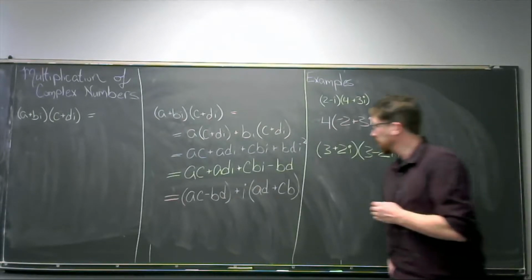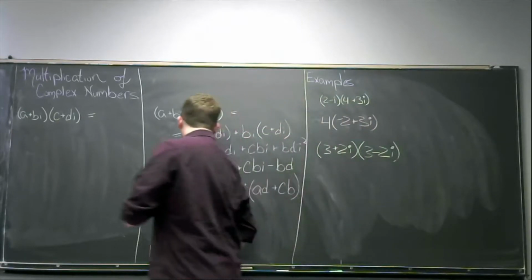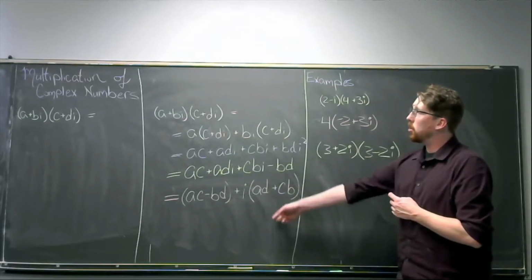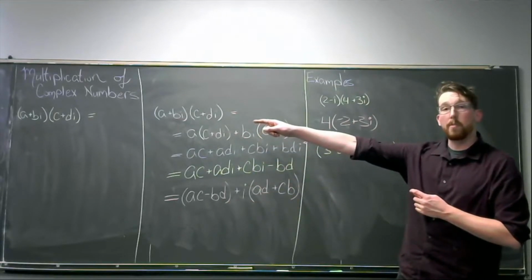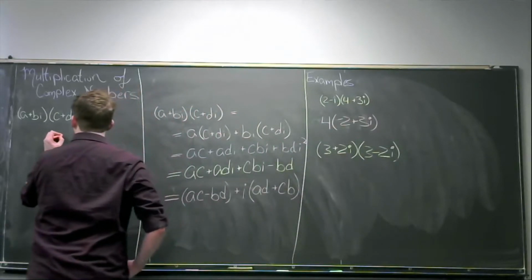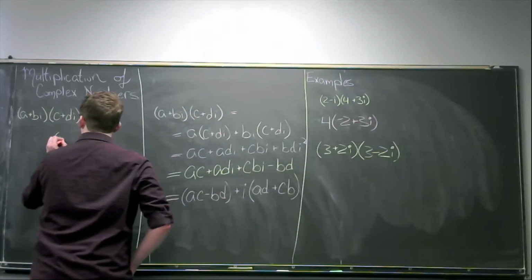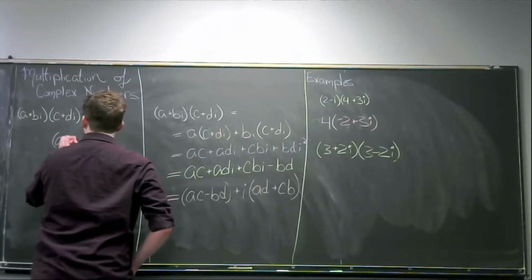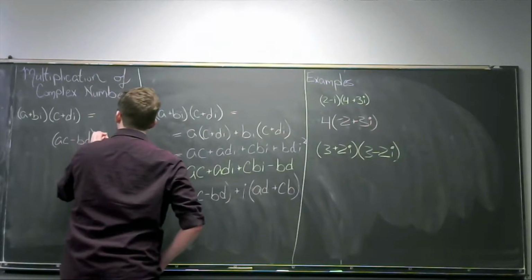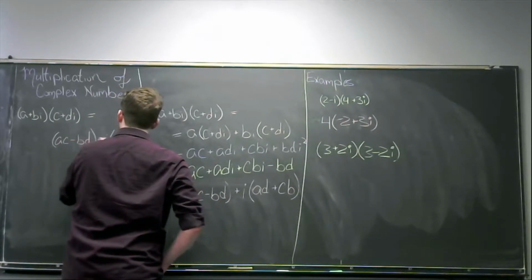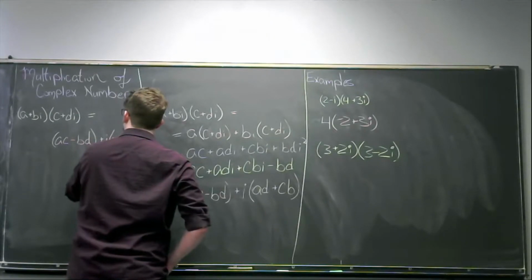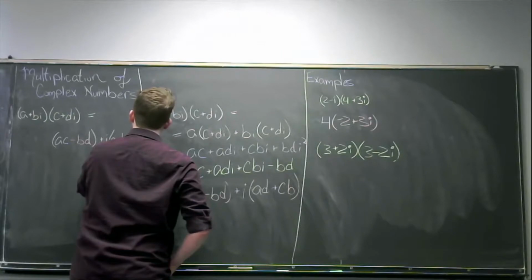Okay? So that must mean then that the multiplication of two complex numbers, this thing up here, is just going to be equal to a times c minus b times d plus i times a times d plus b times c.